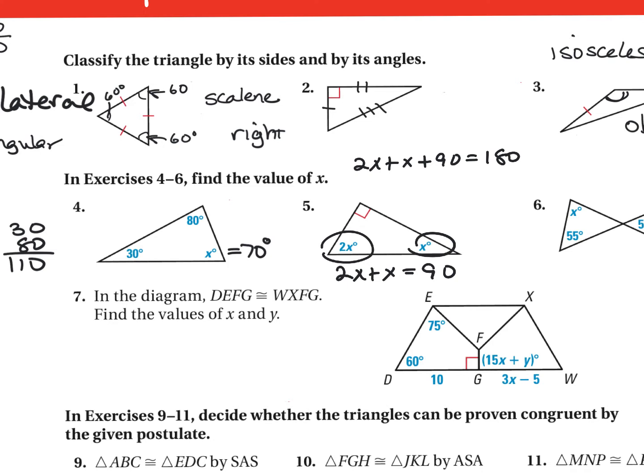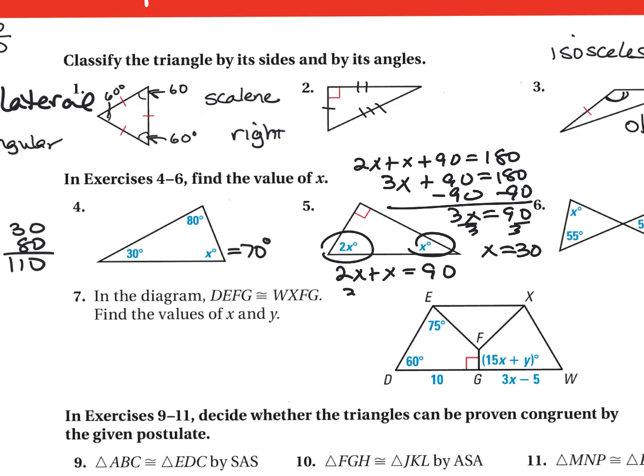If I do it the first way, I'm going to add my x's, subtract my 90. 3x equals 90, divide by 3, and x equals 30. Same thing if I did it over here. I would just get 3x equals 90, divide, and x equals 30 either way.